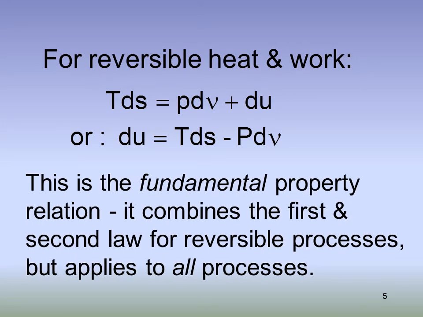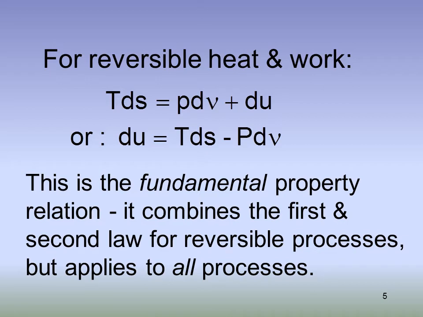This is called the fundamental property equation. You see, we just got it from taking the definition of entropy, dq over t, applying it to a system and doing an energy balance and an entropy balance on the system. For a reversible system, we have du equals TdS minus PdV.